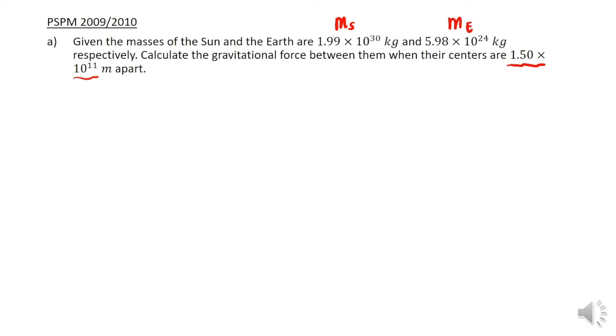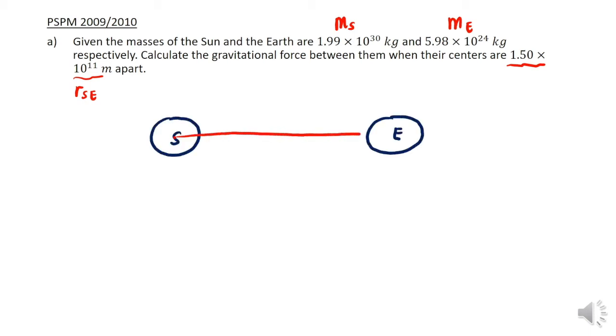PSPM 2009-2010. We have the mass of the Sun, the mass of the Earth, and the distance between the Sun and Earth. So first we need to draw the forces acting on both Sun and Earth. We have the force exerted by Earth on Sun, and the force exerted by Sun on Earth.